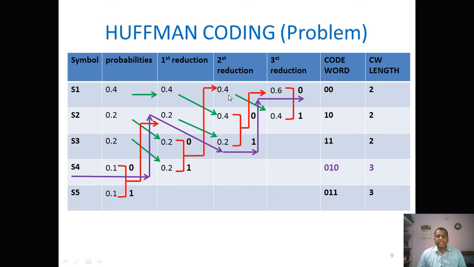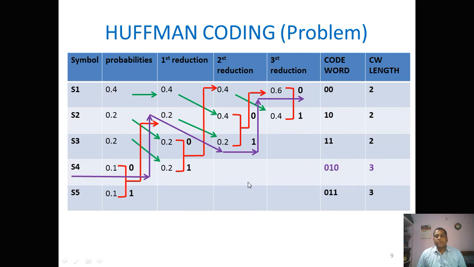In the second stage, the summed value will be the highest value and the existing value of 0.4 is moved down in the reduction list. We will already have another 0.2 coming as the third value. So the first stage of reduction is over, and we have formed the second stage of reduction.